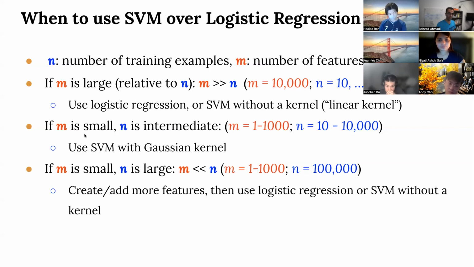If you don't have too many features and n is somewhere in the middle, you can use SVM with Gaussian kernels. If you don't have too many features, but you have a lot of data, you can obviously create or add features, or use logistic regression or SVM without the kernel.